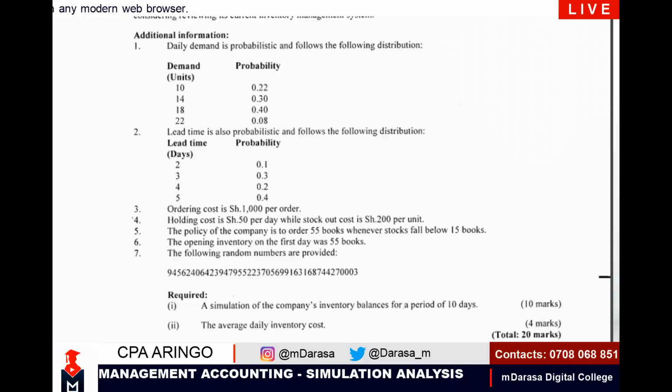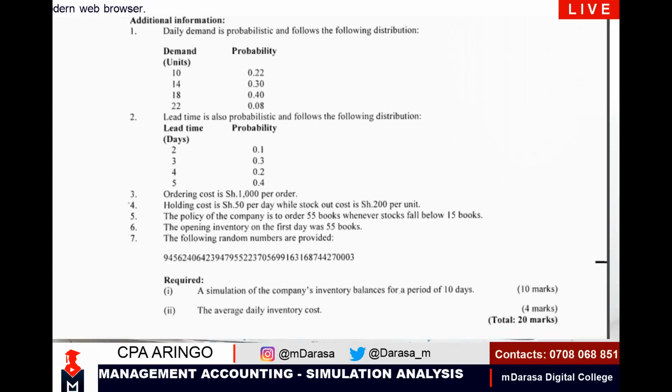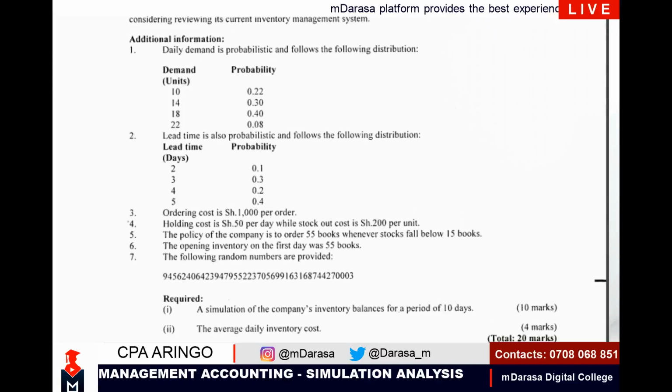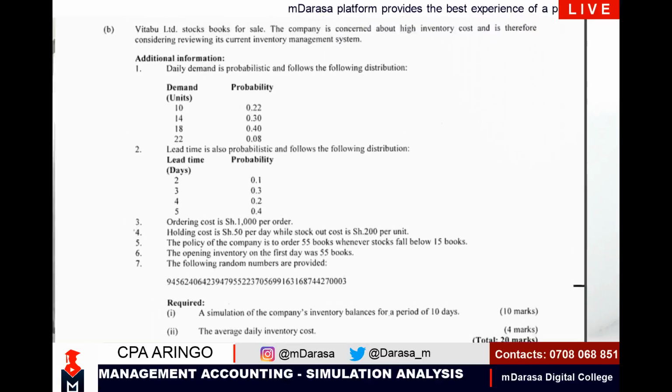So I'm given our random numbers here. Required, a simulation of the company's inventory balances for the period of 10 days. Number 2, the average daily inventory cost. So my good student, kindly take a screenshot of that question. Then you work it out.